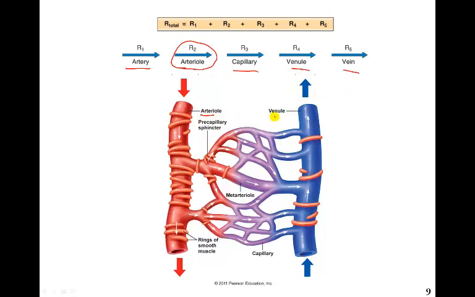So this is an arteriole and a venule. And you find that there aren't a lot of different arterioles for blood to go through once it gets close to tissues.